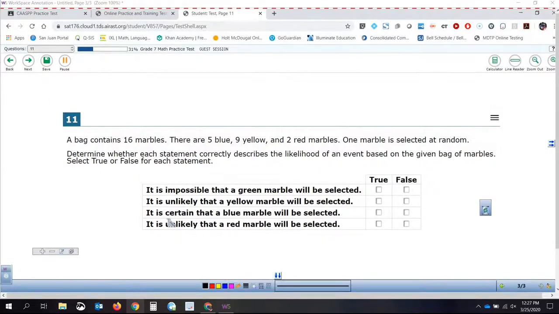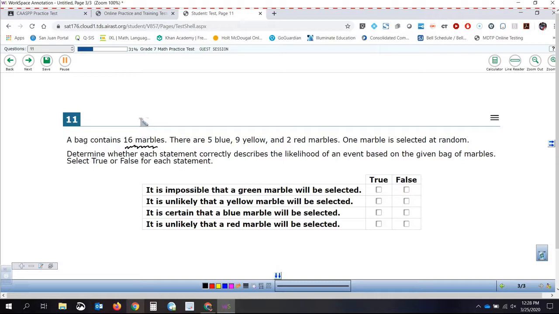All right, so before we actually look at what they're asking us to solve, let's go ahead and just look at the general mathematical concepts here. So first of all, when you're dealing with probability, one thing you really want to know is how many do I have total? I have a total of 16 marbles. That represents the total number of outcomes.